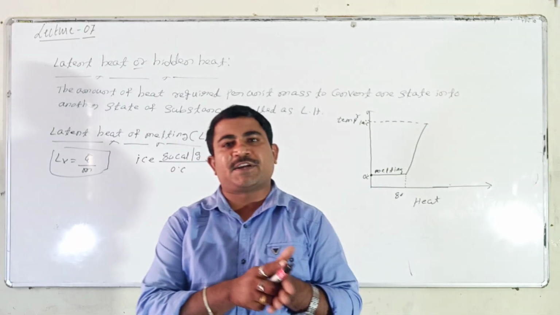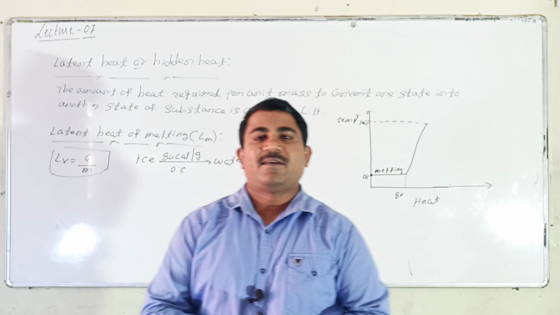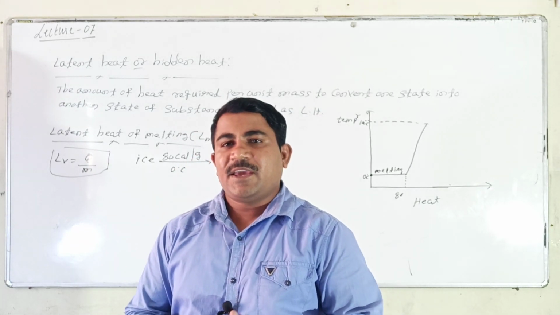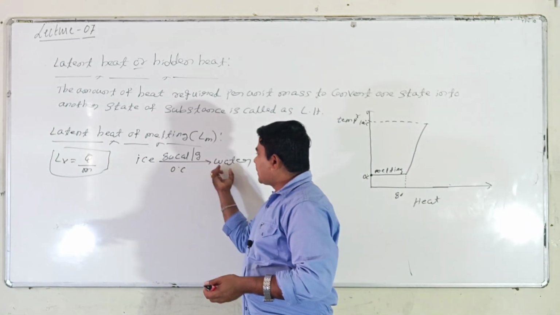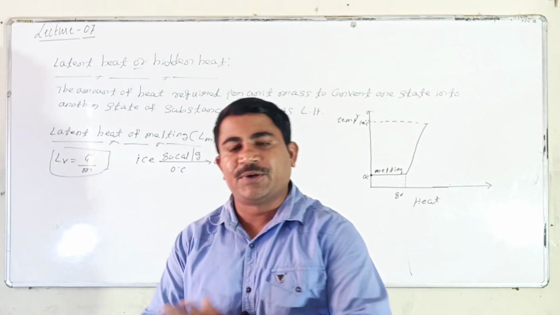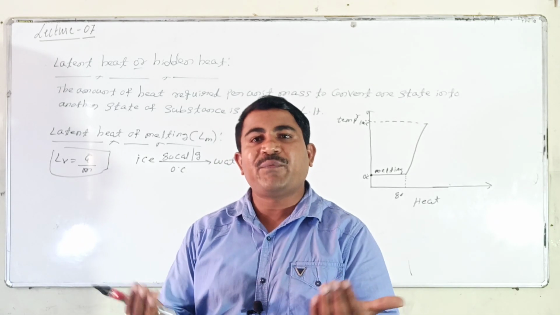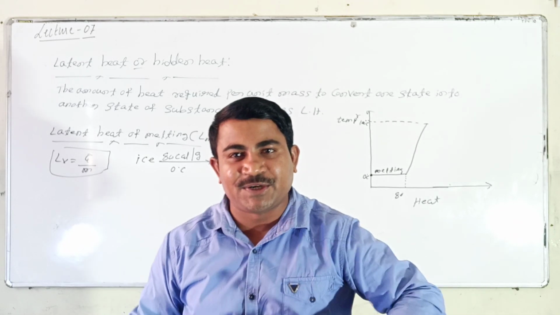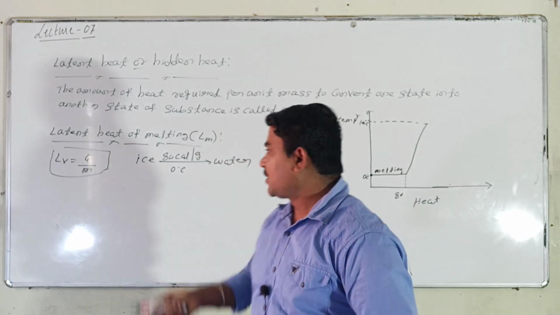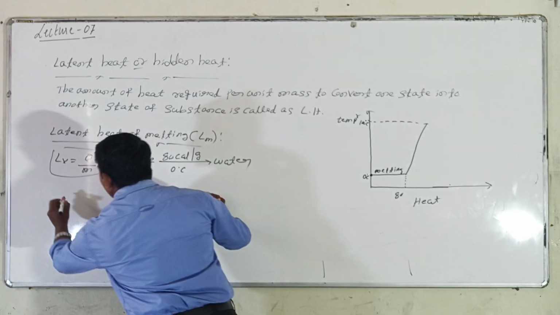Similarly, you can define latent heat of fusion, or latent heat of freezing. Freezing means if 80 calorie of heat is extracted from the water, it is converted into ice. That process we are calling latent heat of fusion.